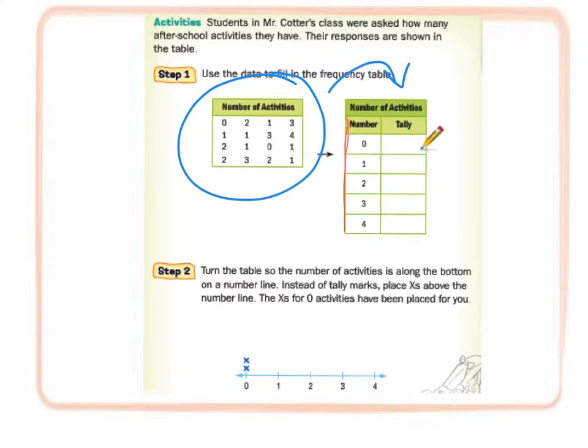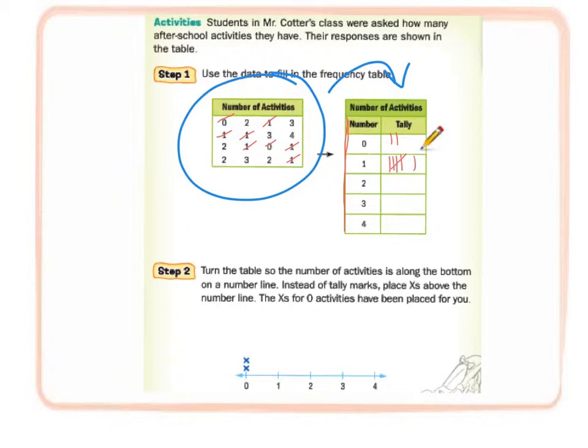So how many had 0 activities? Here's 1, 2. 2 zeros. So I'm going to use tallies. How many just did one activity after school? 1, 2, 3, 4, 5, 6.